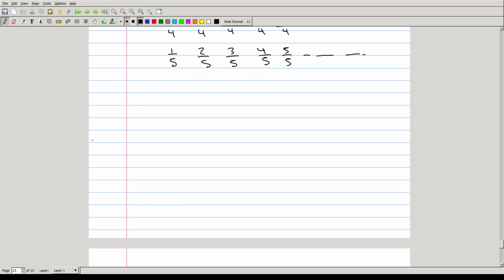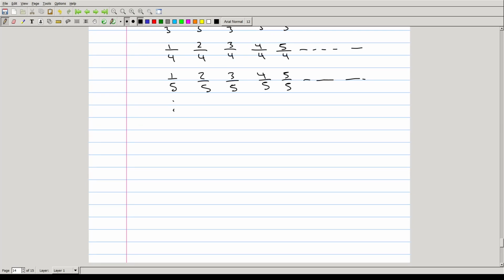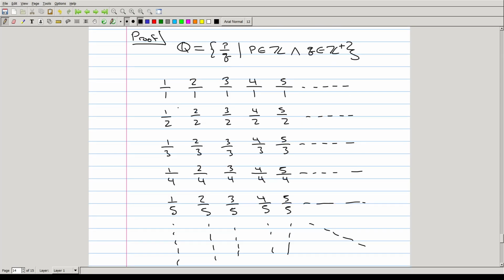It's important to note that there are definitely other ways of approaching this proof. However, this is the simplest method that I like going over in my introductory discrete mathematics course.